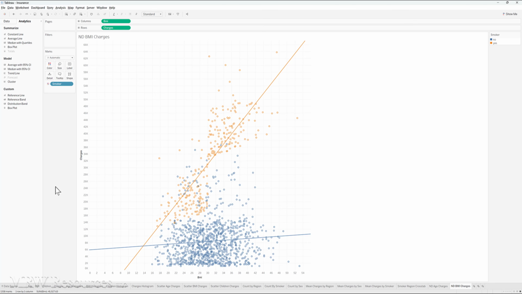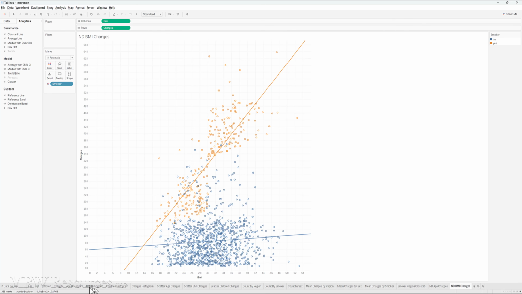Non-smokers, there's certainly a slight increase based on body mass, but if you have body mass and you're a smoker, look at how dramatically that curve goes up as you age. And I would assume with age that might also be a proxy for the number of years you've smoked. All right, so we're definitely going to keep this one.